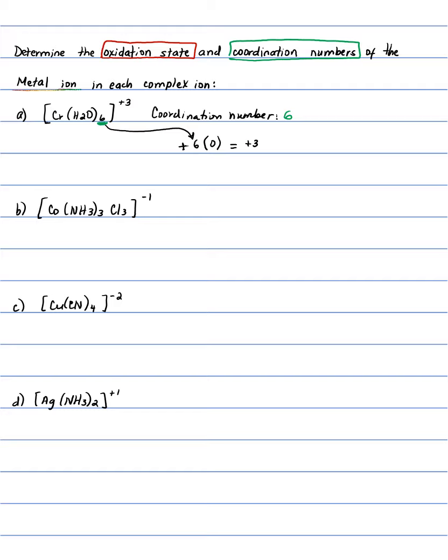So I'm going to write down my chromium as an X. That X represents the charge of the chromium. So you can solve your equation. You will see that 6 times 0 is 0, and that's equal to 3, which means that the oxidation state for chromium in this specific complex ion is positive 3.